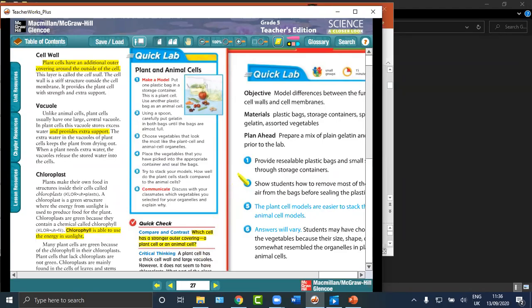Write the answer on your copybook. I will say the answer. A plant cell has a stronger outer covering. Have you finished? A cell wall surrounds the plant cell. An animal cell does not have a cell wall surrounding it.